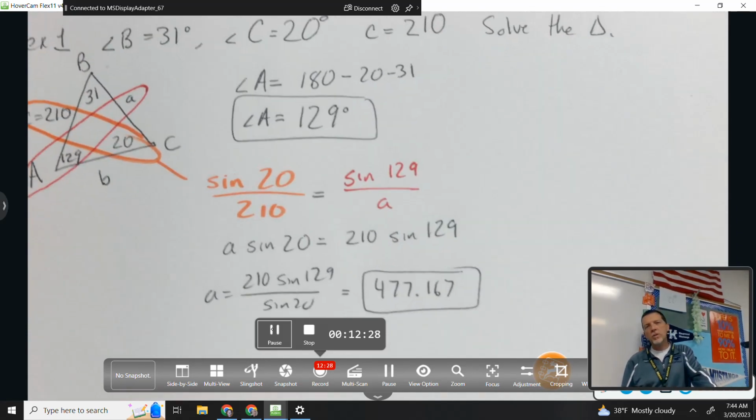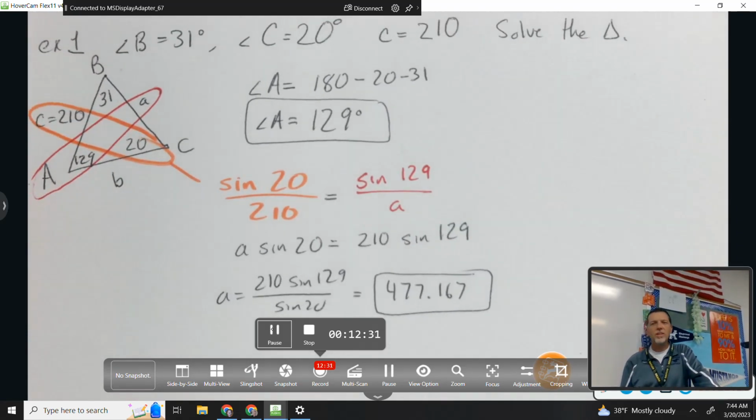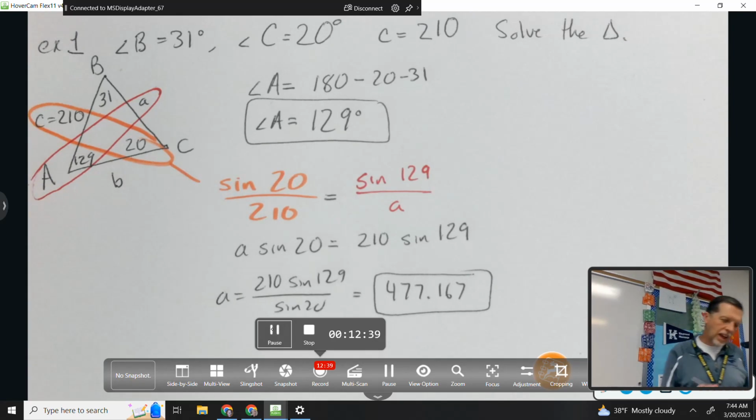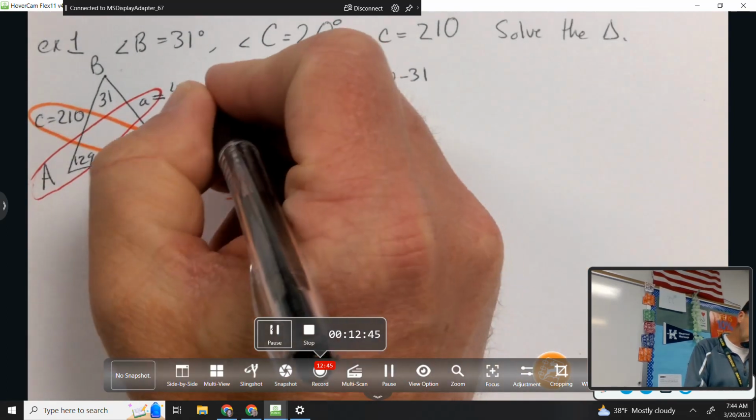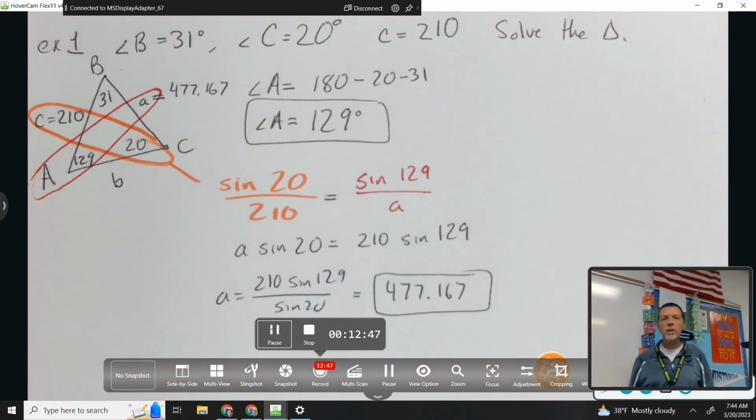I'm going to go 3 decimal places because that's what calculus requires, the AP calculus class. All right, so I've got side A. You don't have to label it, but some people like to label the triangle because then it's kind of easy to keep up with what you know and what you don't know.